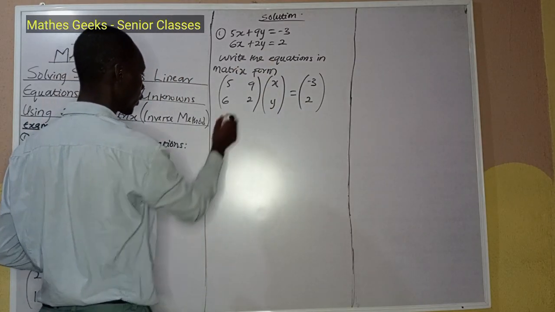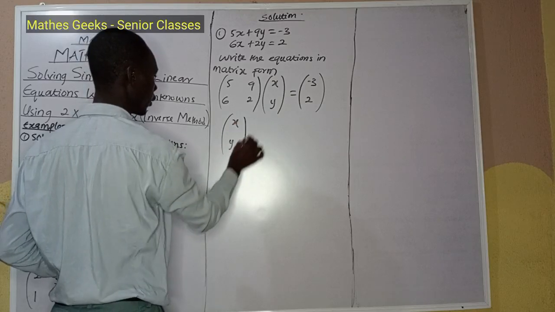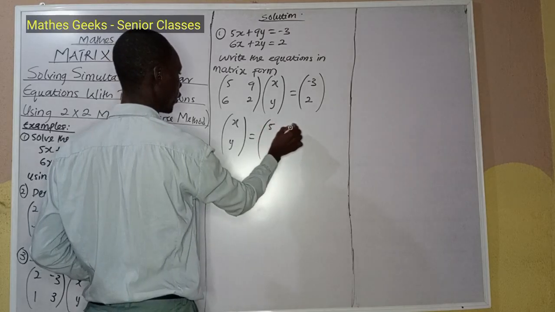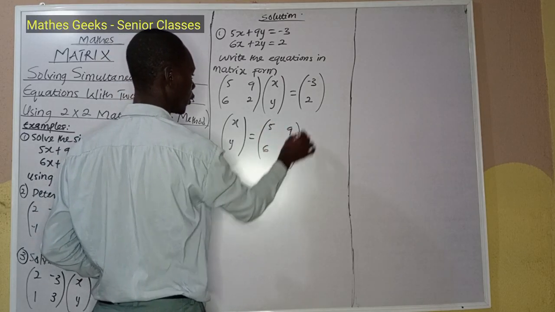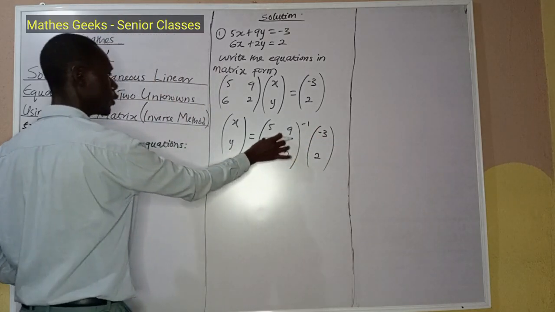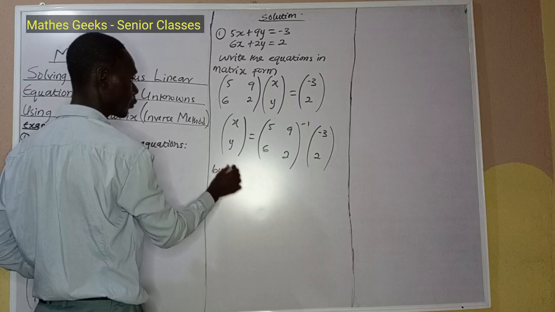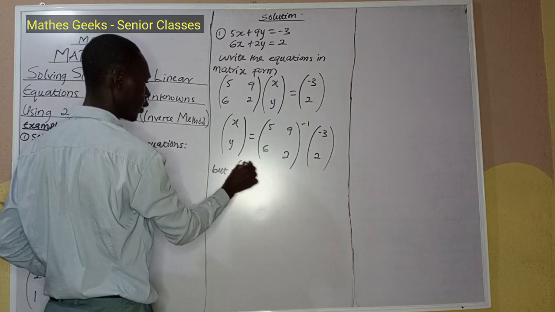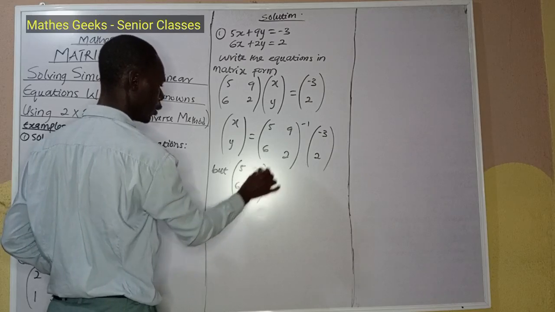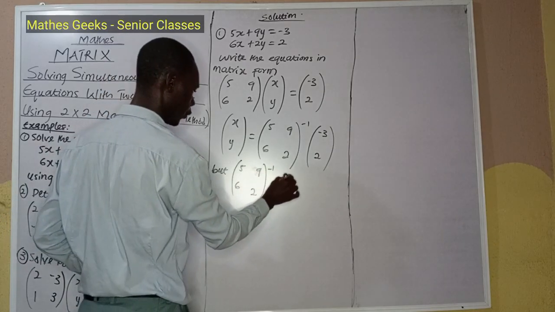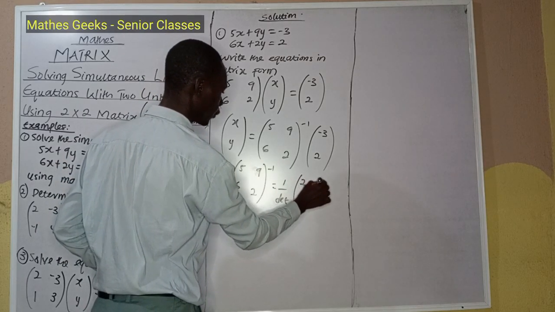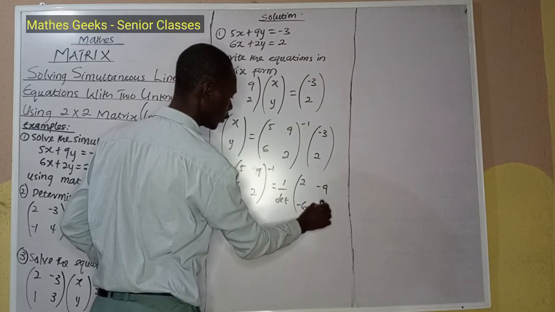The next thing is we're going to have x, y equals the inverse of 5, 9, 6, 2, multiplied by minus 2, 2. So we're going to evaluate the inverse first. The inverse of the matrix 5, 9, 6, 2 equals 1 over the determinant, times 2, minus 9, minus 6, 5.